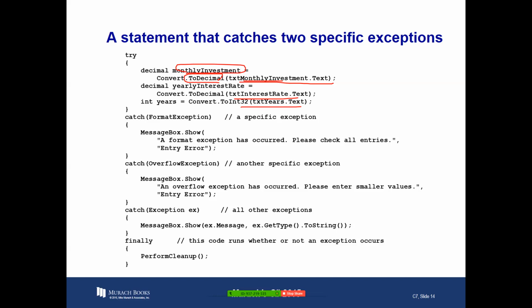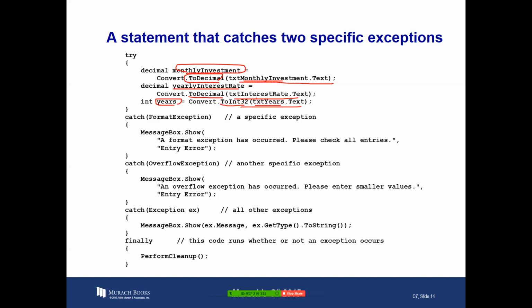After that, we're trying to read the interest rate into a decimal number, which is here. And lastly, we're trying to read in a number of years, and it's converted to an integer and stored into an integer right here.